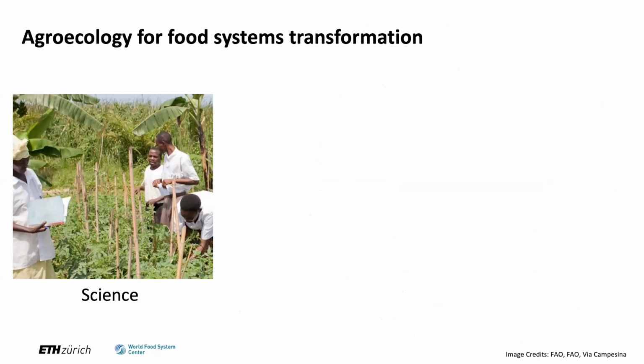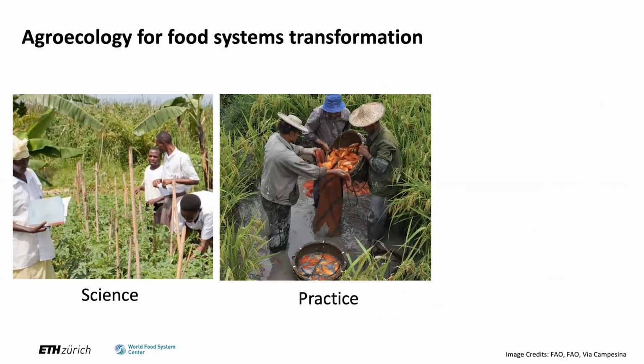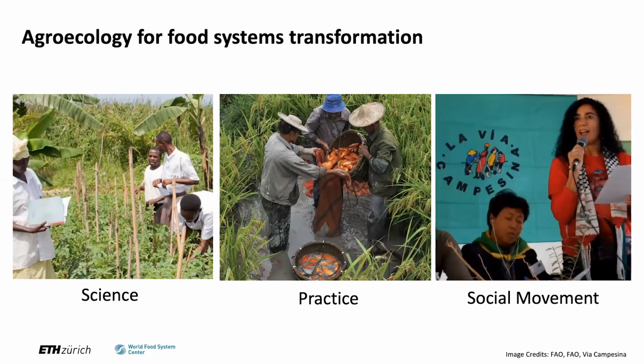And agroecology, in its definition as being a scientific discipline, a set of practice, but also a social movement, is a nice connection also between food systems as such, with these different dimensions we have to look at, but also to the SDGs. As a science, agroecology studies how different components of the agroecosystems interact. As a set of practice, it seeks to support sustainable farming systems that optimize and stabilize yields.